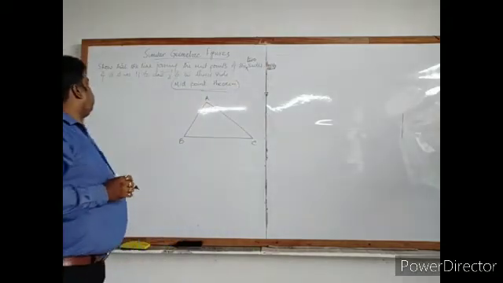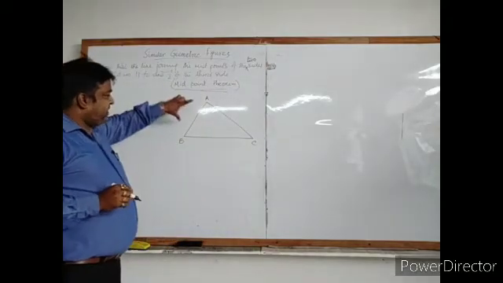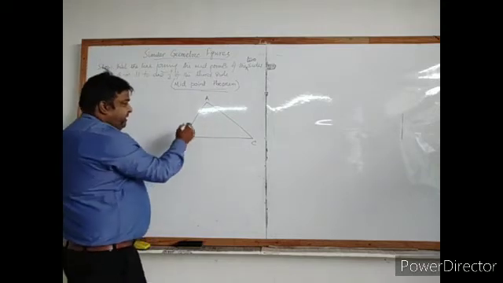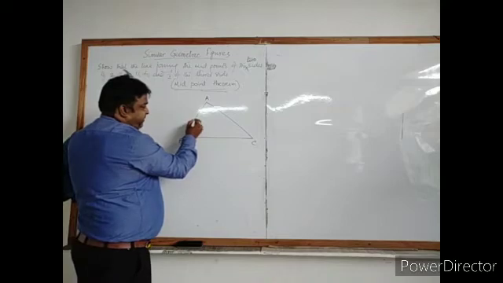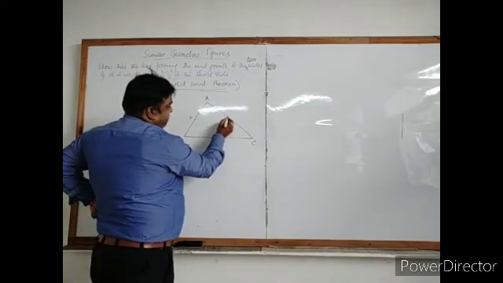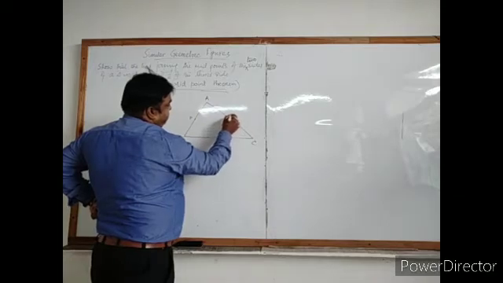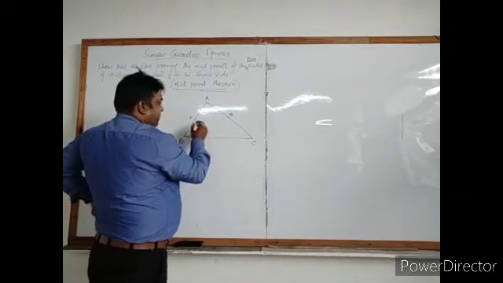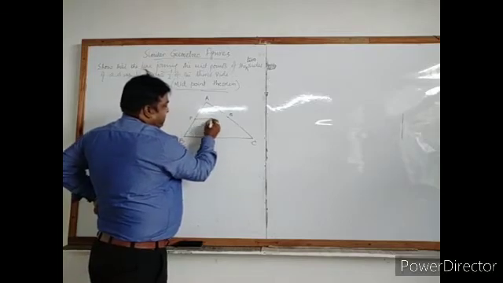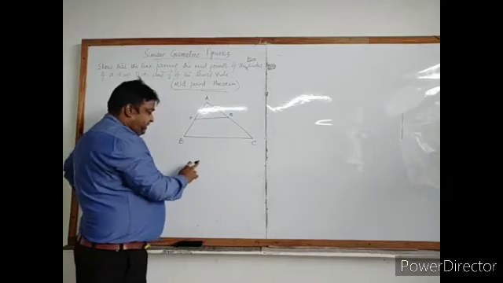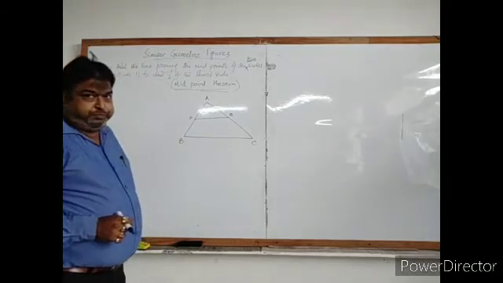I am using these two sides AB and AC. The midpoint of AB is say P and of AC is say Q. If I join these two midpoints, we get the line segment PQ.